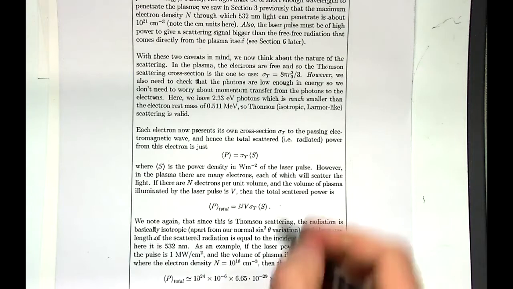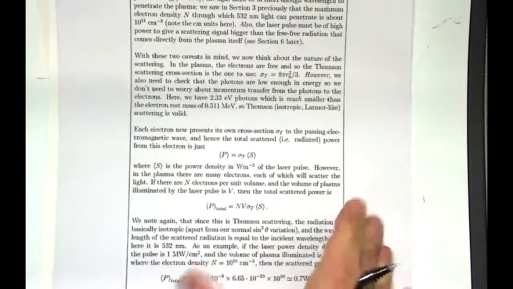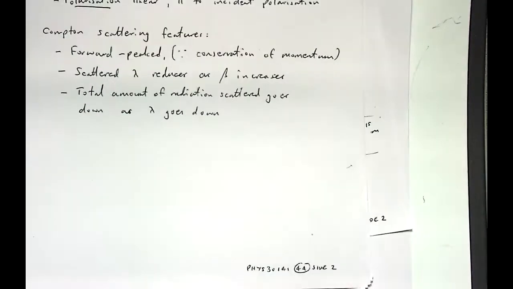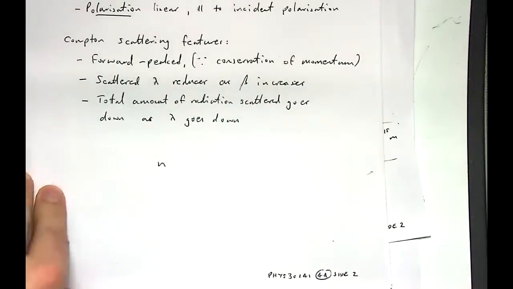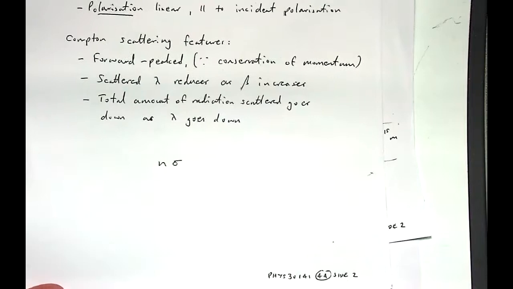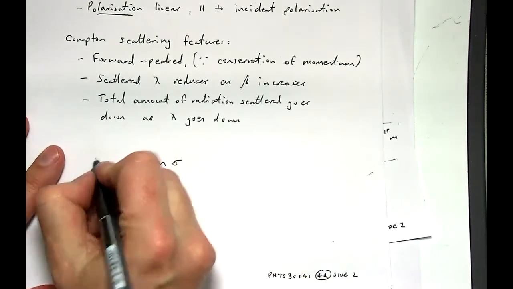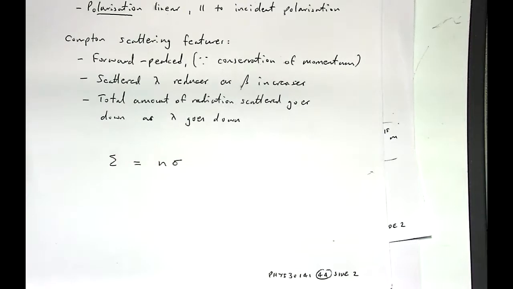Which tells you that if I have, let's say, the number density, let's write that down just to finish off. If I have a number density n per unit volume and a cross-section area sigma, then the likelihood that an incident photon will interact is conventionally written down like this: capital sigma equals little n sigma.